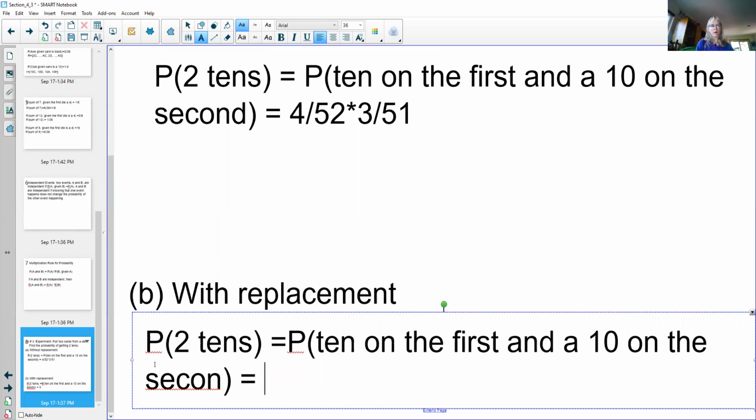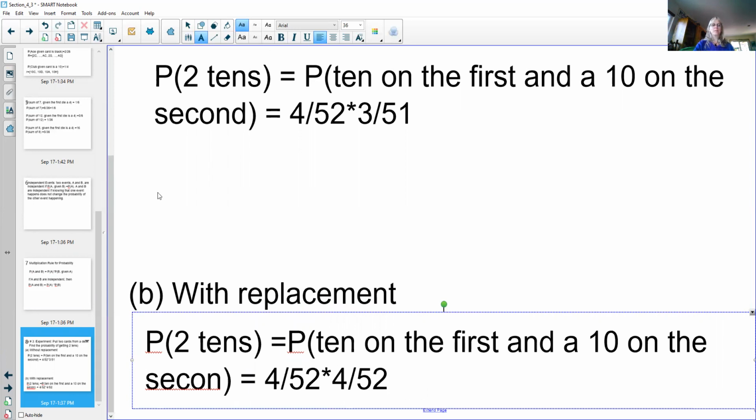There's 4 10s in the deck of 52. Now this time I'm going to replace it. So I'm putting that card back. So we still have 4 10s in the deck and we still have 52 cards in the deck. So you just multiply 4 out of 52 times 4 out of 52.